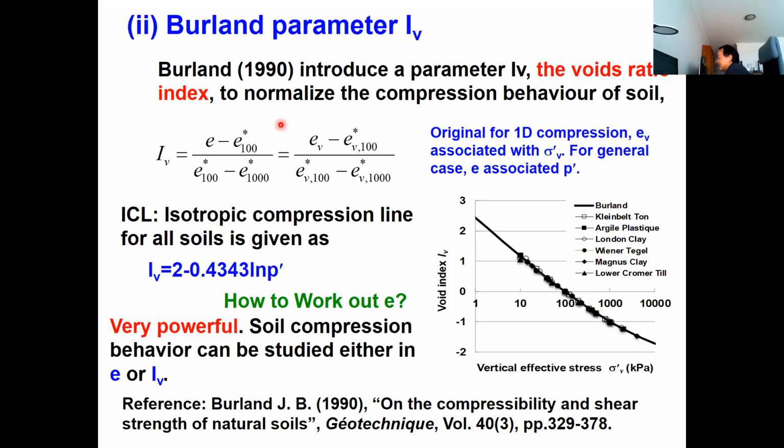Now you need to know that the Cam clay model is only good for reconstituted soil. So if you want to use the Cam clay model, you have to make sure your experimental data is reconstituted soil data. For example, you cannot drive your car into the water. Your car is only good for road travel.